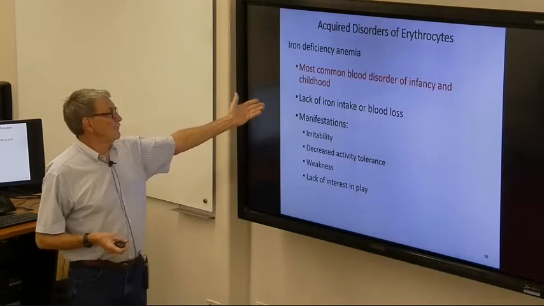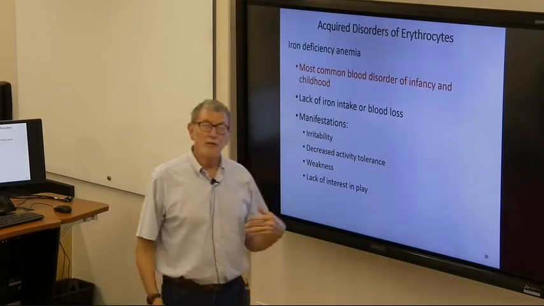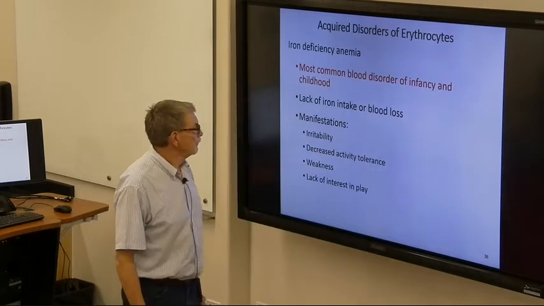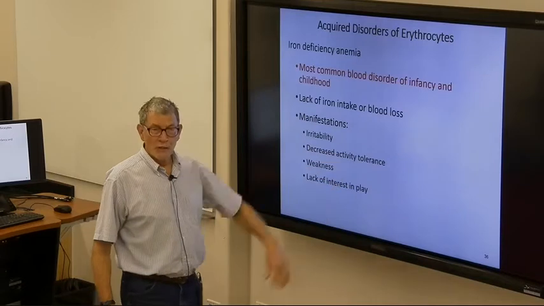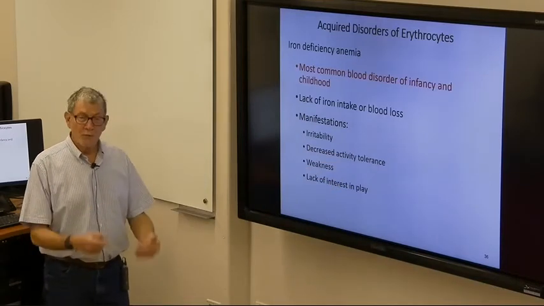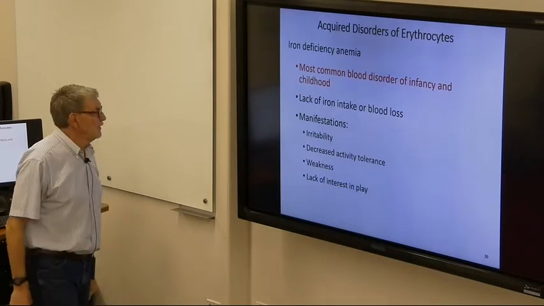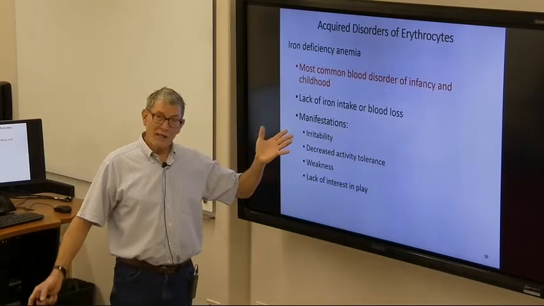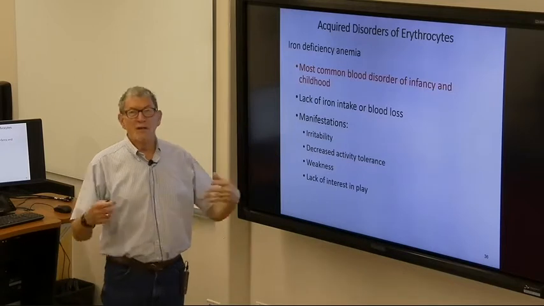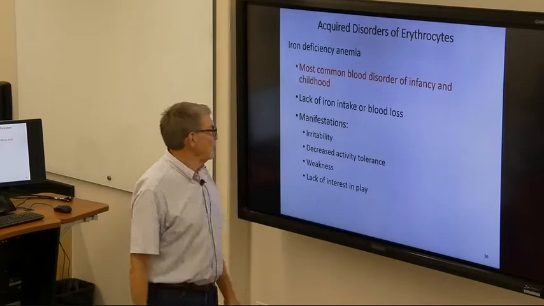Not enough iron intake, you know, especially in a kid who's not breastfeeding, or internal bleeding. So not enough iron to make the balance of the replacement blood cells you need. And the kid, just like anybody with anemia, gets weak, irritable, lacks energy.